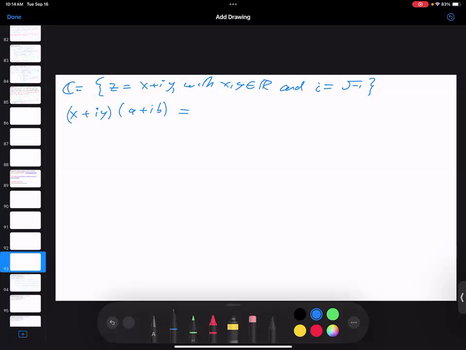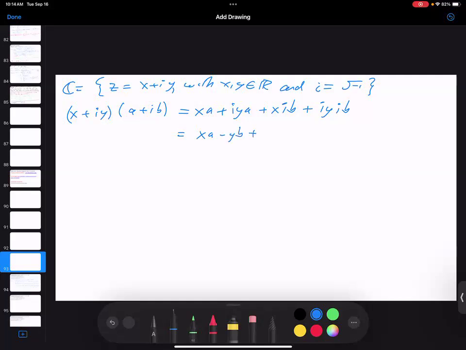We use FOIL. So it's going to be xa plus iya plus xib plus iyib. Okay, that's xa. Now, what's iy times ib? What's i squared? -1.